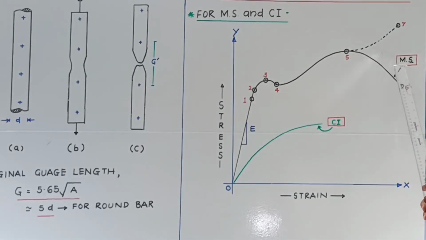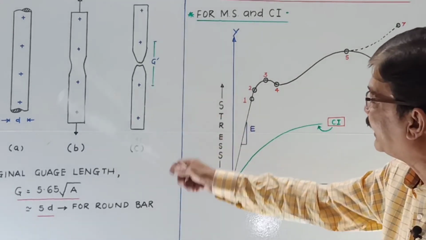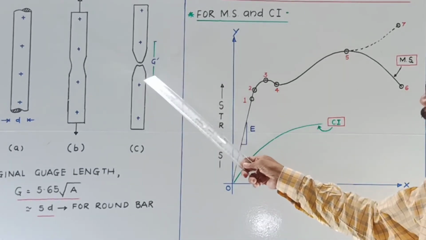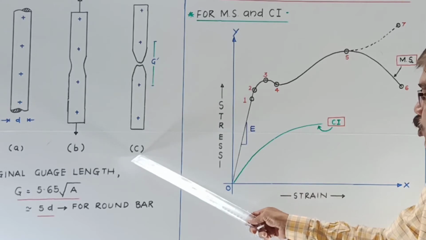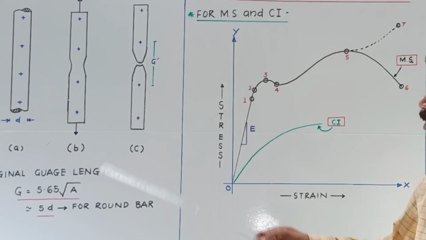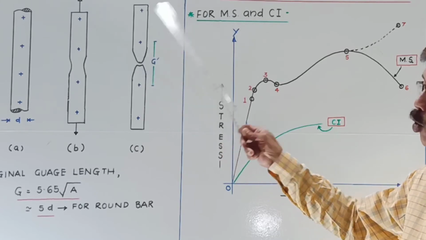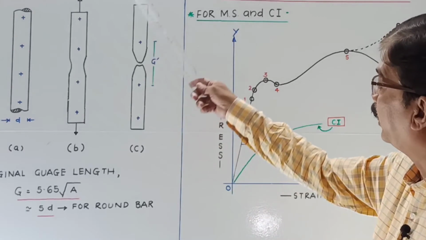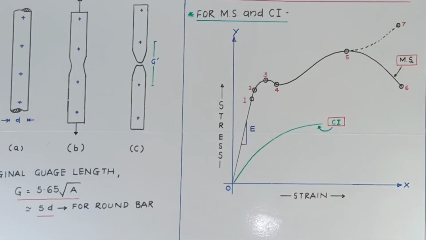For further increase, you will find that this will go on increasing, and finally at a particular load it breaks in the form of cup and cone formation as shown in figure C. This is known as cup, this is known as cone. Every ductile material fails in the form of cup and cone formation.